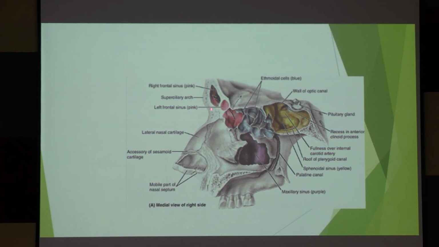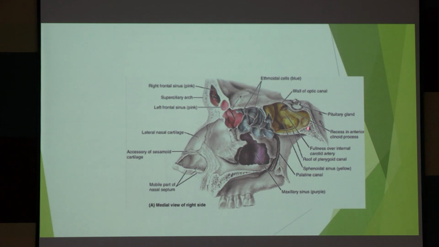This is the anterior plate, or the anterior wall. This is the posterior wall, right? Okay. And this is your cut section of maxillary sinus, right? These are the ethmoid cells, okay? Anterior group of cells are anterior ethmoid cells, posterior group of cells are posterior ethmoid cells.